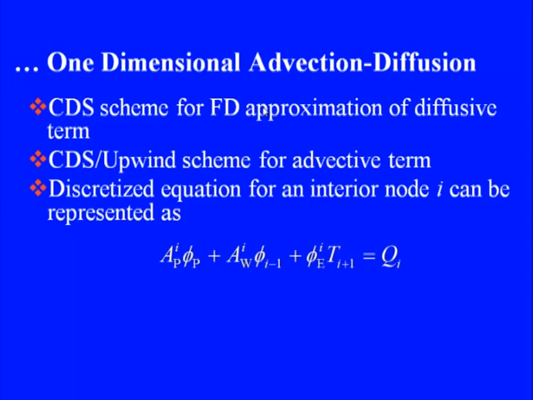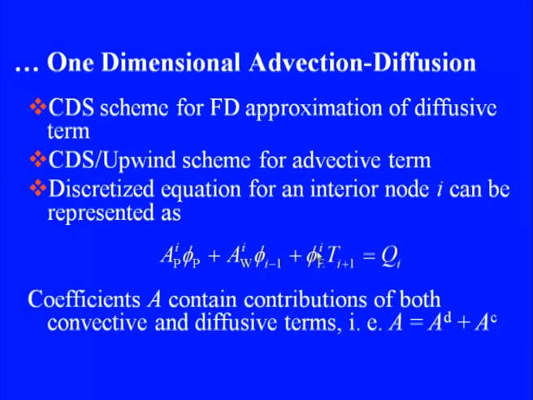Once we have done our discretization, a discretized equation for an interior node I can be represented in our standard template form: AP superscript I, the coefficient for current point P or ith node, phi P plus AW I phi at I minus 1 plus AE I phi at I plus 1 is equal to Q I.